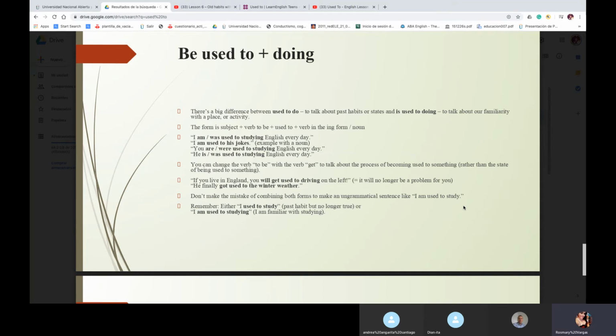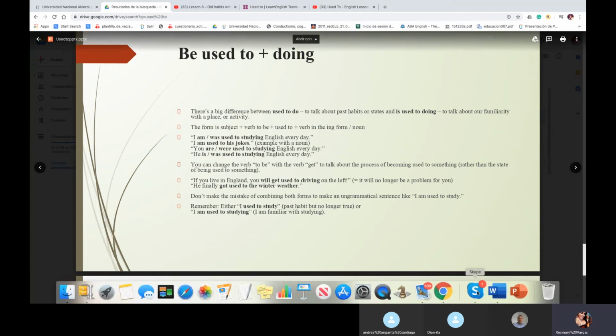And it's another common mistake in some sentences. We used to live in London. I'm going to type it here.